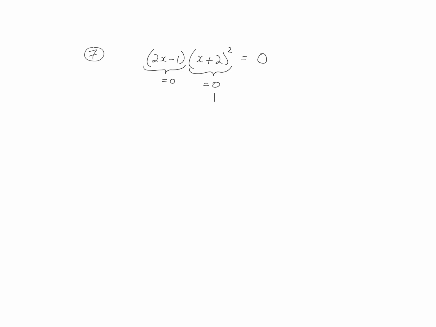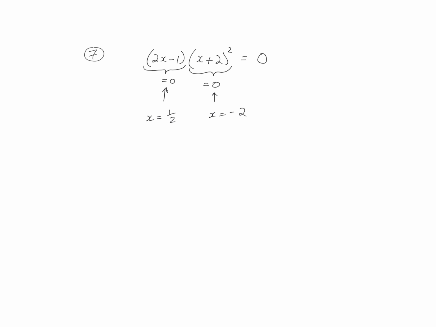So for this one, we're going to have x equal to negative 2. And for this one here, you can say that the x needs to be equal to 1/2, because then this 2 times 1/2 is 1, minus 1 gives you 0, and then the equation is true.